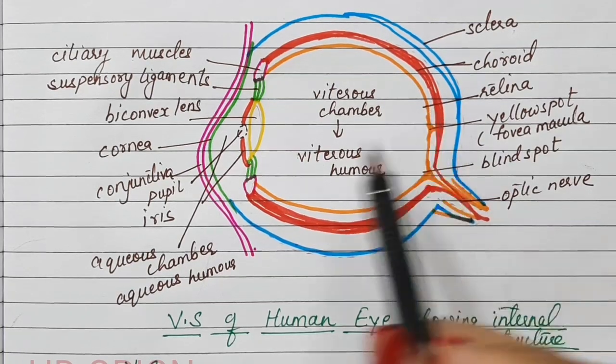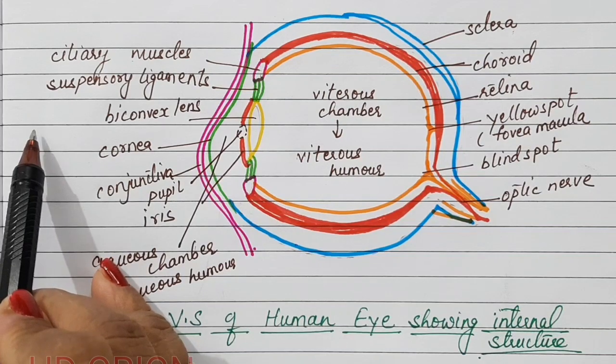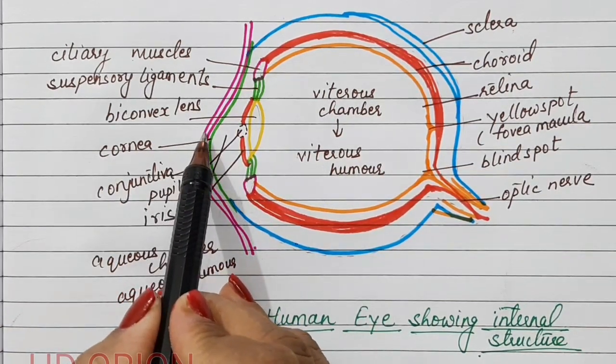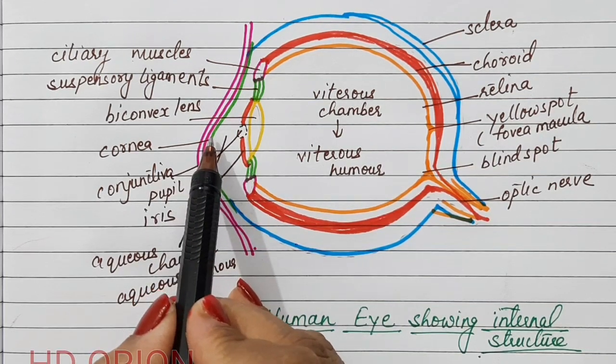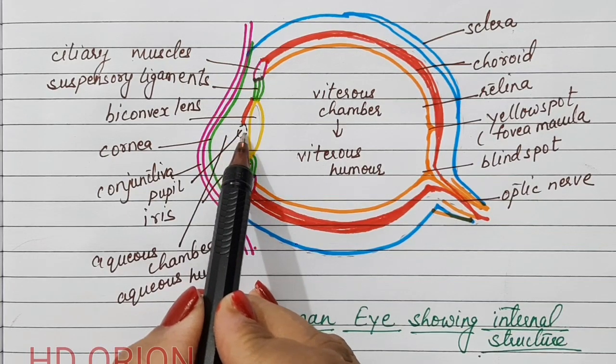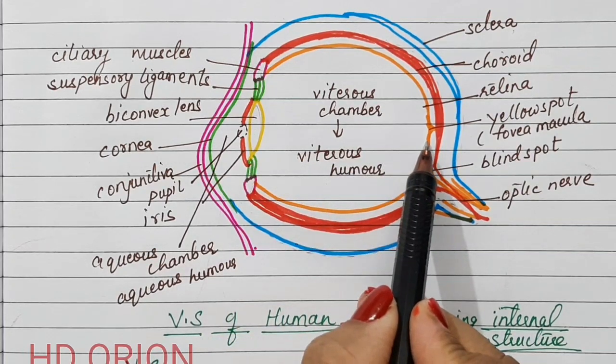So how is the working of the eye? The light which strikes the object comes back into the eye. It first has to cross the conjunctiva, and from the conjunctiva it enters into the cornea, and from the cornea it comes into the aqueous humor, then through the pupil, lens, and then into the vitreous chamber, and then strikes the retina.